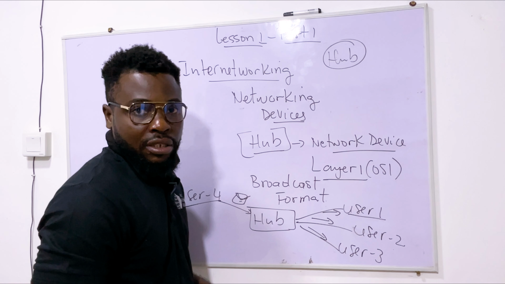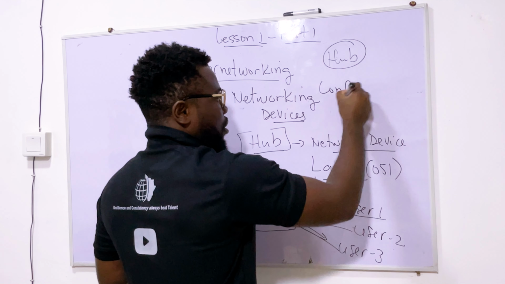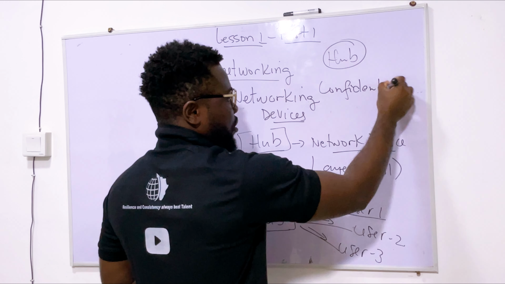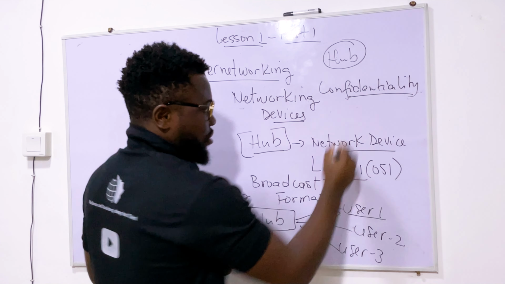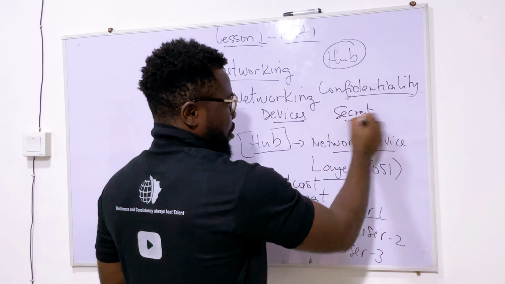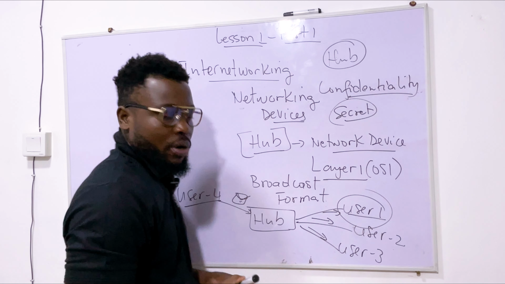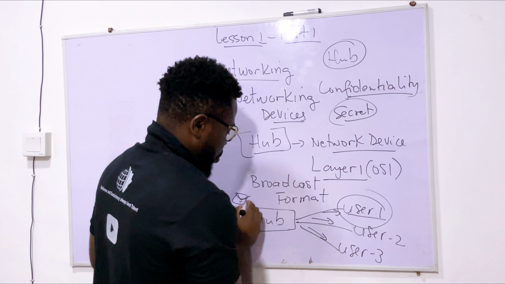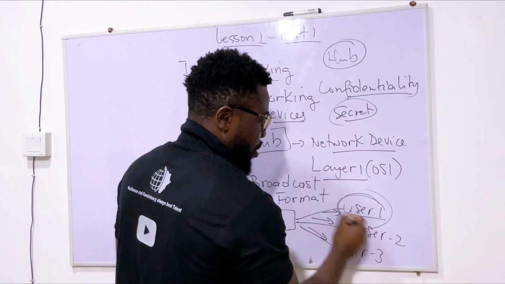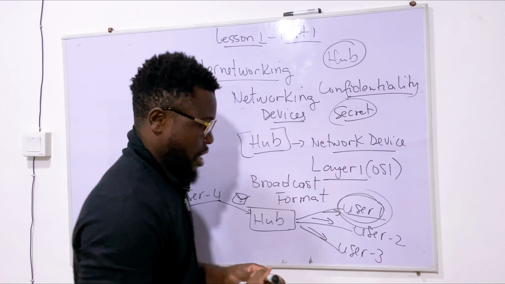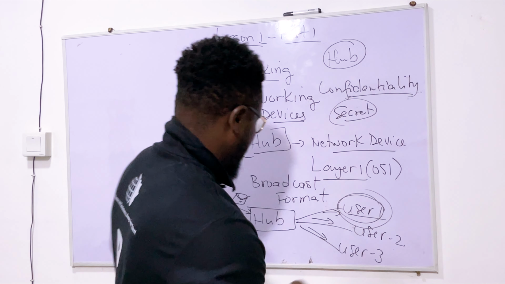So at the end of the day, there is no confidentiality. There are no secrets. You cannot just send a message which is destined to user 1. What is supposed to be delivered to user 1 will be broadcasted to user 2 and then user 3.